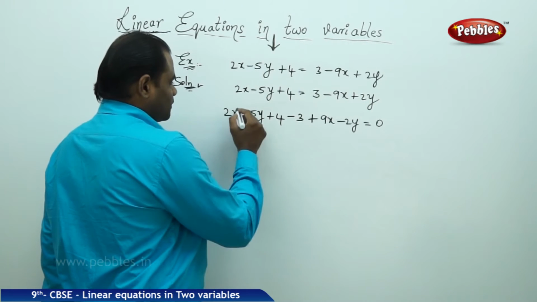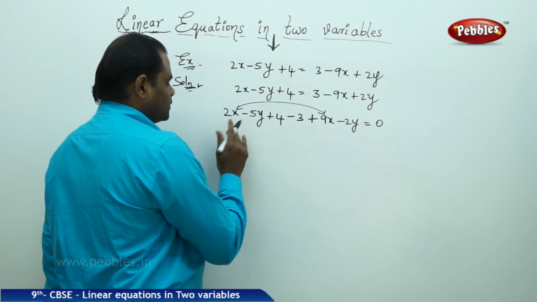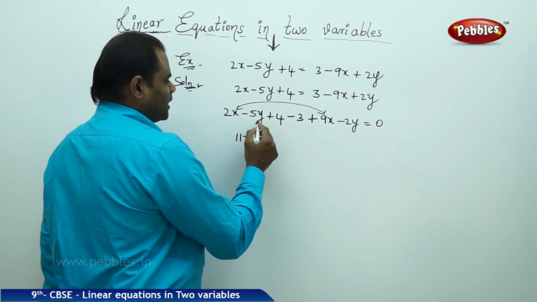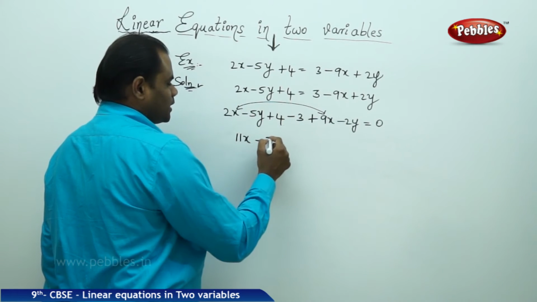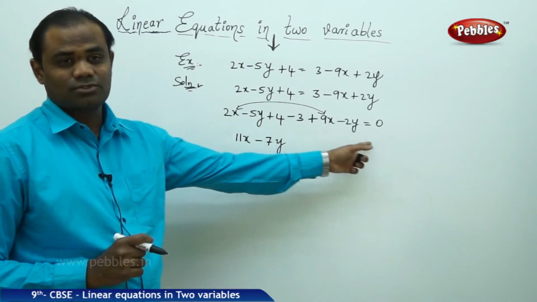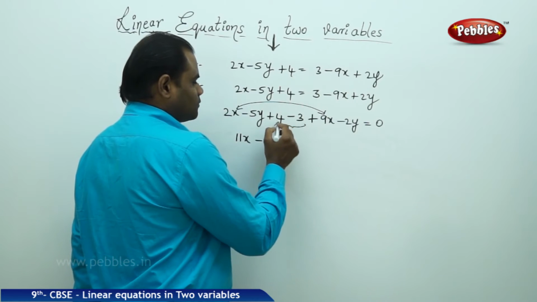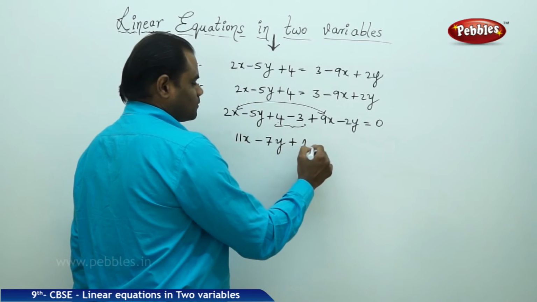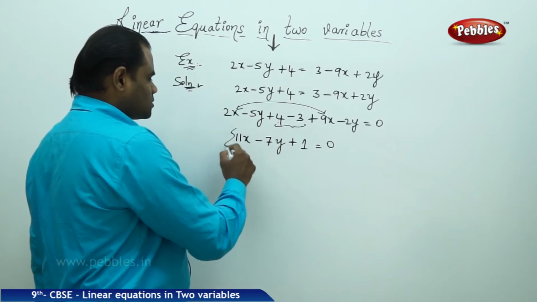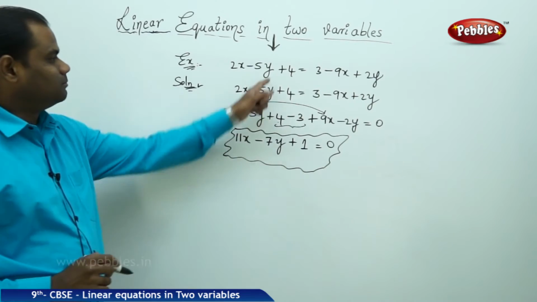Now let's simplify where my 2x and 9x are added to give 11x. And minus 5y and minus 2y are added to give minus 7y because minus 5 minus 2 is minus 7. Then the constants here are added to get 4 minus 3, which is 1, equal to 0. So this is now the most simplified equation of the given problem.